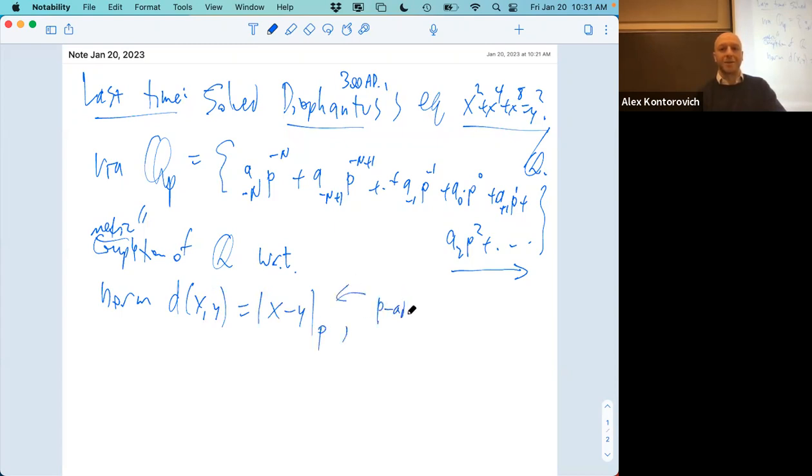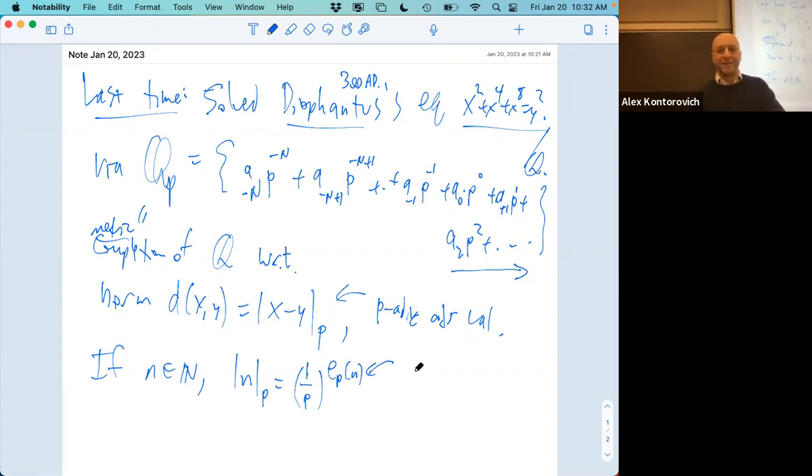The p-adic absolute value, for a natural number n, is 1 over p to the e_p(n), where e_p(n) is the number of times the prime p divides n, the multiplicity with which p divides n.